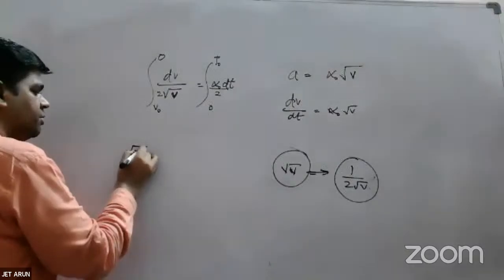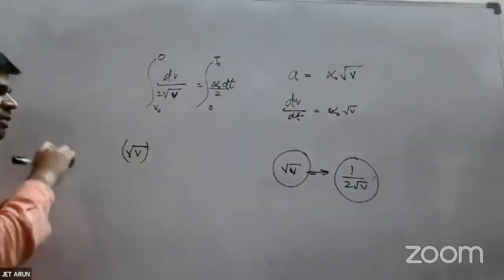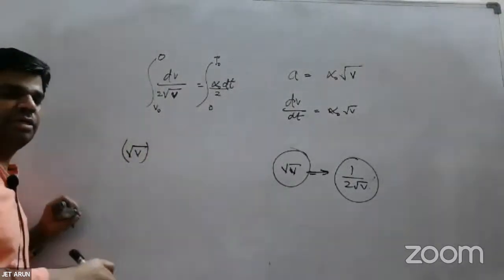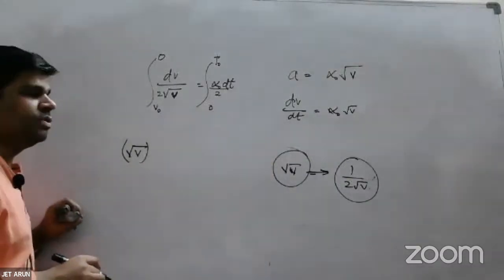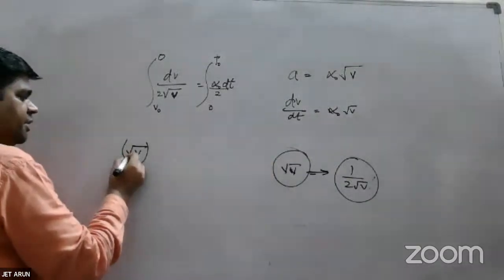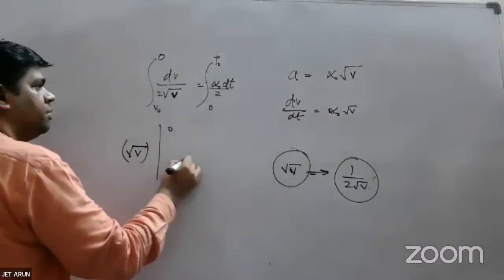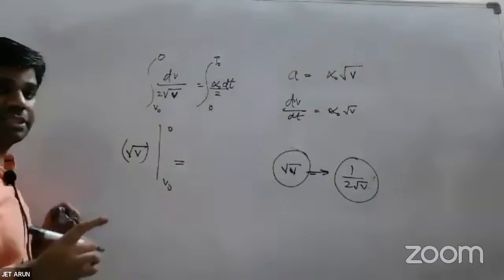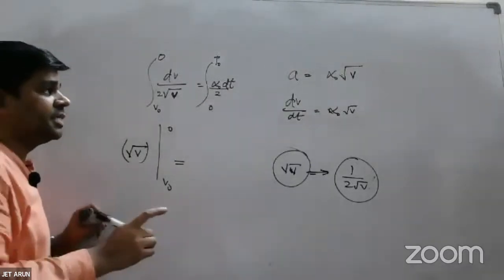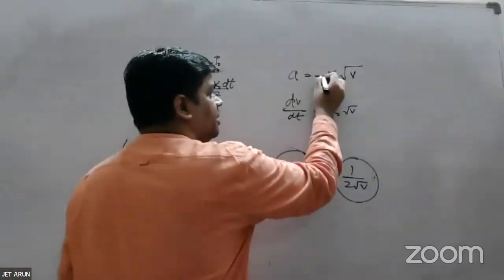I could just give you the integral formula, which is even easier. I explained it this way because you don't know all the formulas yet. So 2 root v from v naught to 0 is equal to, oh, this is a deceleration. I missed a point. It's a deceleration, so it should be negative alpha.